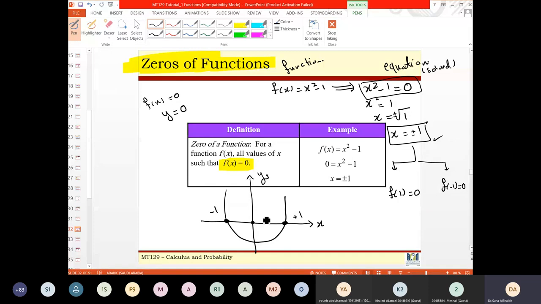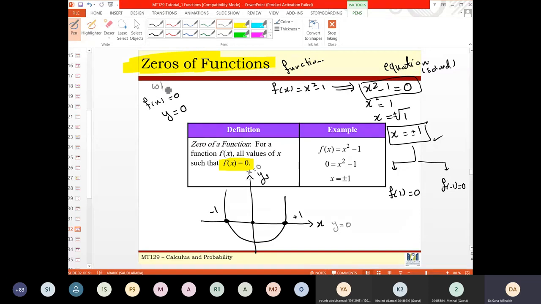Value y is 0. وعلى y axis إيش x? على y axis x ب0 صح؟ وعلى x axis y ب0. y ب0 يعني f of x ب0 يعني the 0 of the function. يعني when I cut the x axis. خلوا المعلومة هذه في راسكم لأنه we're gonna use it later on. ماشي؟ The 0 of the function means when we cut the x axis.